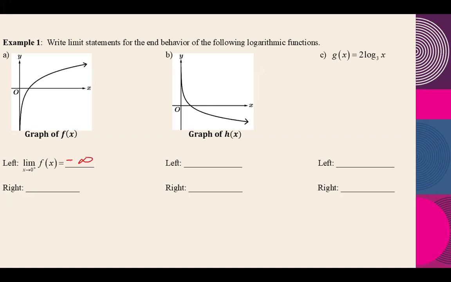I don't think I made these lines very big. We're going to make it fit. So the limit as x goes towards positive infinity, that's a weird infinity, but we're going to let her make it. What is f of x doing? f of x equals positive infinity.